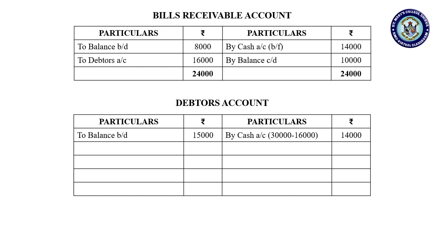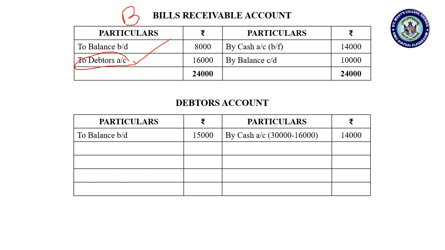Next, bills receivable received during the year. So the journal entry will be bills receivable account debit to debtors account. See, the first entry we have passed in bills receivable: bills receivable account debit to debtors account. So in debtors account, it is by bills receivable.